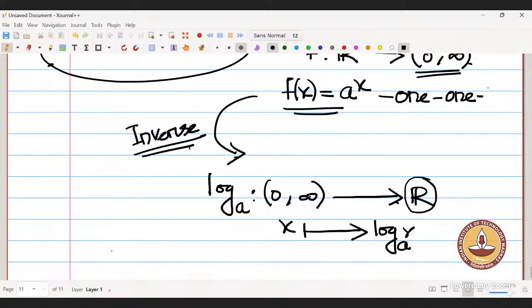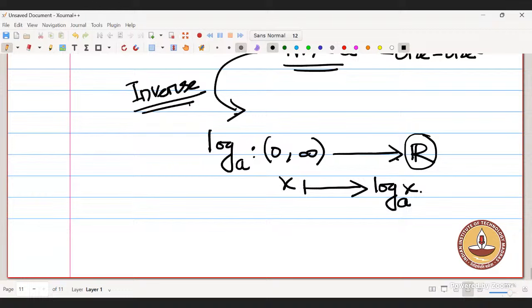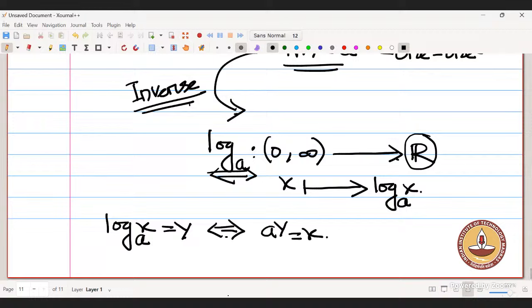So this takes x to log base a of x, right? By the definition of logarithm, you can say that log base a of x equals y if and only if a to the power y equals x.